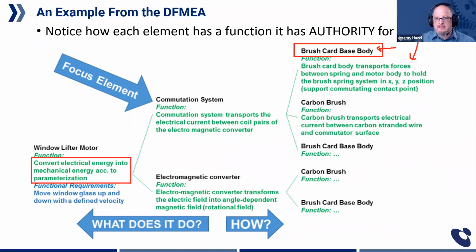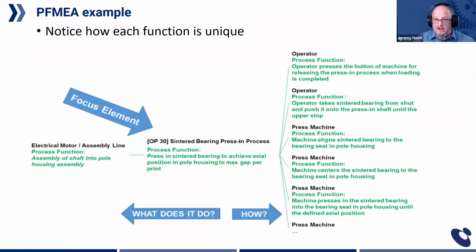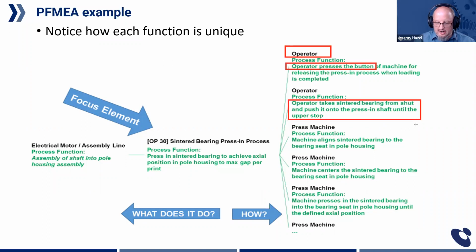Now let's talk about the PFMEA side. We're now going to go for my process folks. All right, now we're hunting, looking for these rules. The operator presses the button right there. The operator loads the bearing, or I should say the bushing. Yeah, it's the bearing. The press machine aligns the bearing. The press machine centers the bearing.